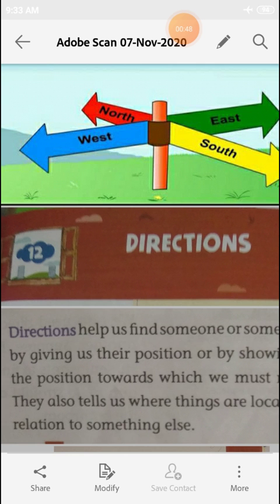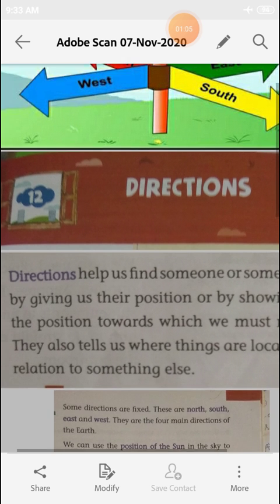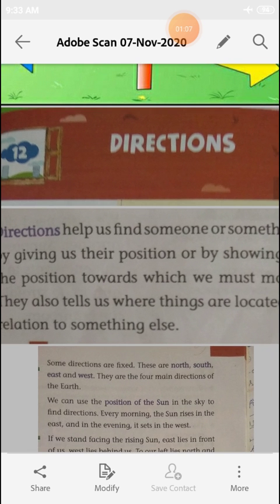A tool used to find the main directions. And we will also know how we can use the position of the rising sun to find the direction. Okay student, firstly you know about direction.